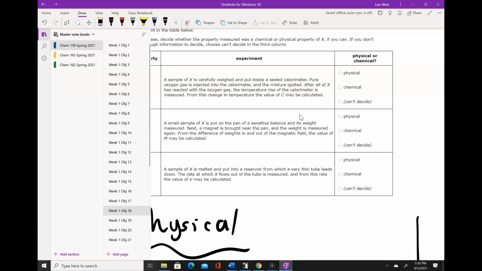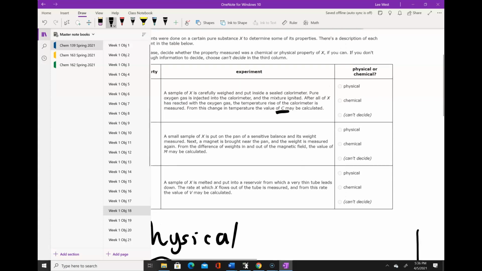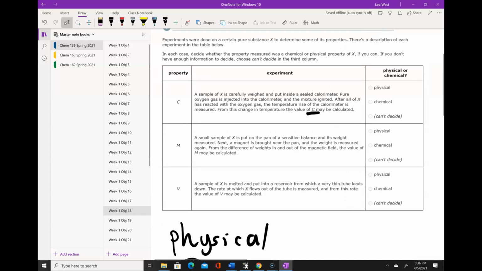After all of the X has reacted with the oxygen gas, the temperature rise of the calorimeter is measured, and from this change in temperature, the value of C may be calculated. So C is a measure of how much energy is being released in this chemical reaction between our substance X and oxygen.